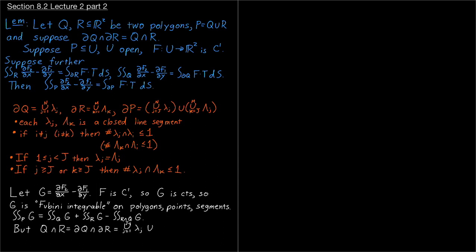And then we have to throw in everything, the intersection of all the other line segments. All the lines that are only on the boundary of one of our polygons. And notice that these guys are all line segments.